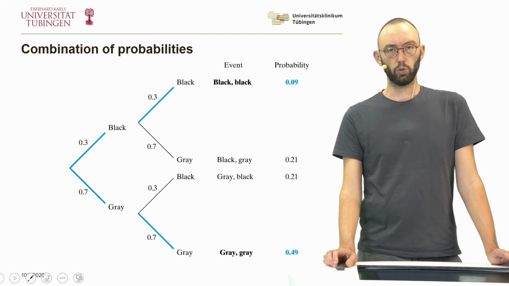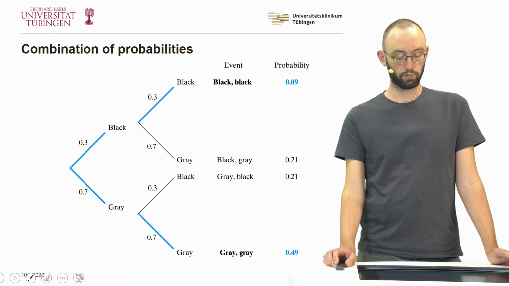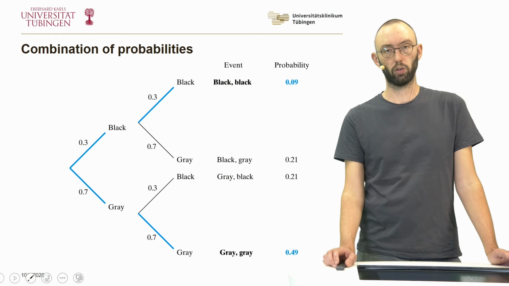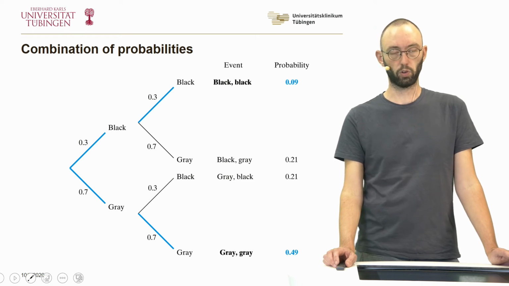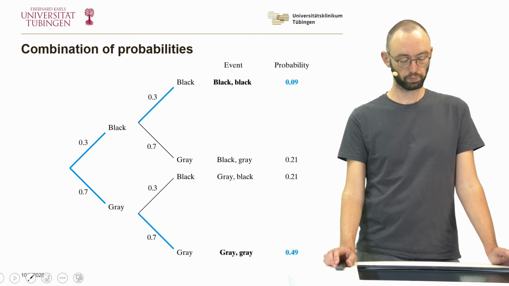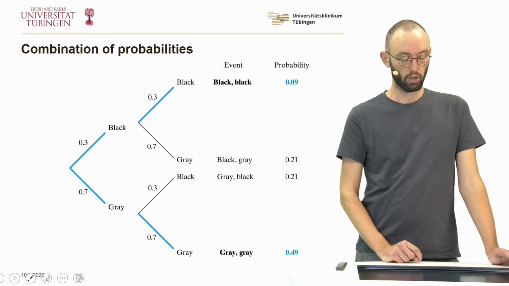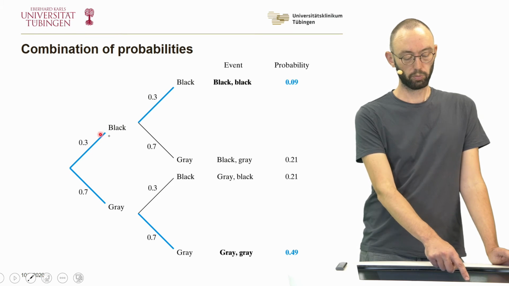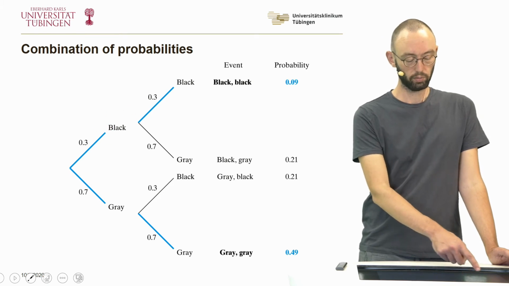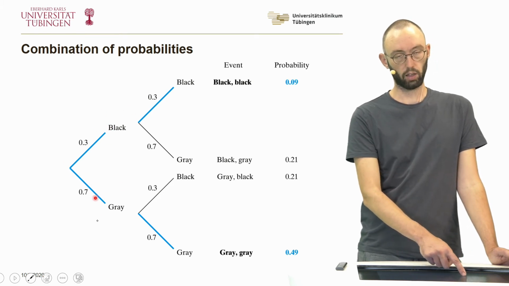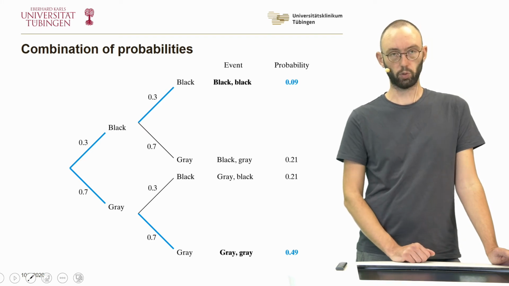Of course, we can also use that to compute more complicated scenarios. So in this case here, this is about observing animals of a certain species with a certain color. And now the probabilities are not exactly the same. So with 0.3 probability, the animal will be black, and with 0.7 probability, the animal will be gray, the first animal that we observe.